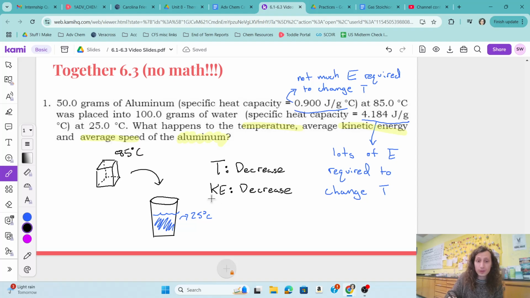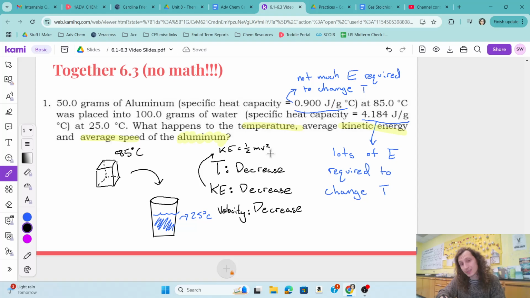Now we also know that kinetic energy is 1/2 mass times velocity squared. So the velocity, I'll just write out that word so we don't get confused. Velocity is also going to decrease. Now you might specify here, it's going to decrease by a different factor because of that squared sign, but qualitatively, this is really all I'm looking for, that these three things are proportionally related.